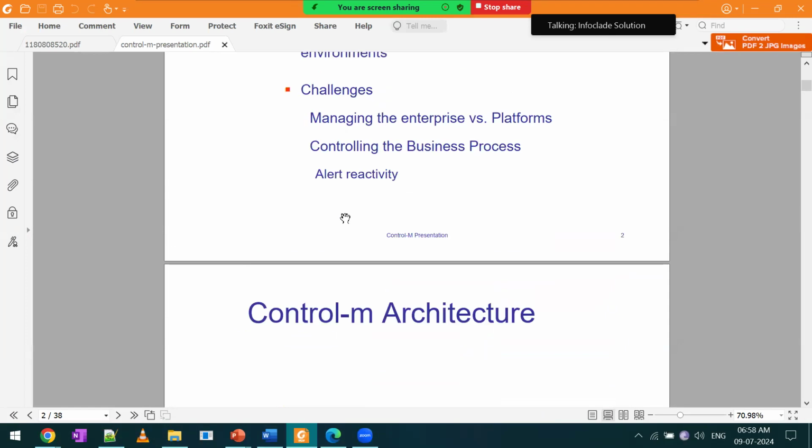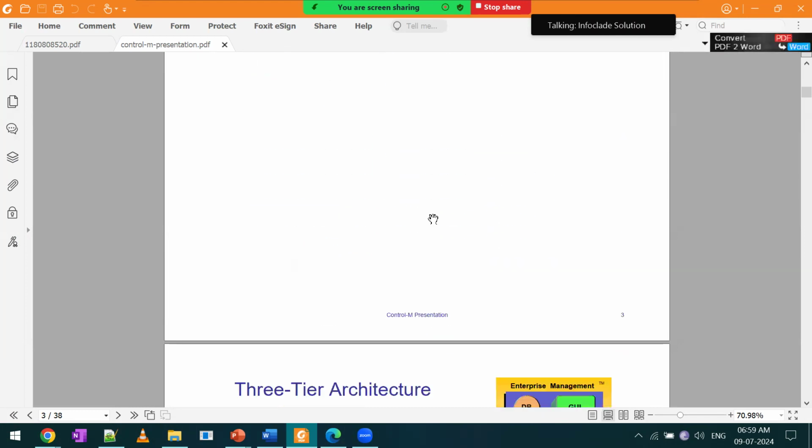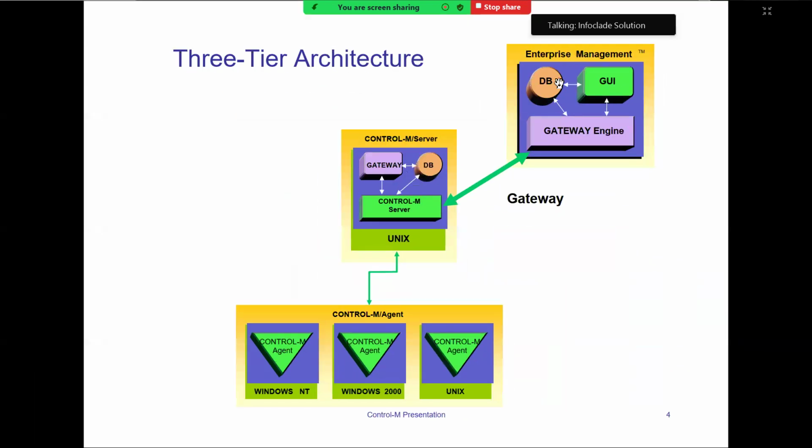Coming to ControlM, it has a three-tier architecture, where we have the enterprise management, the ControlM server, and the ControlM agents. I tried to install it on my laptop, but we need to install the server and the management tool as well, where we don't have the permissions or can't purchase it.